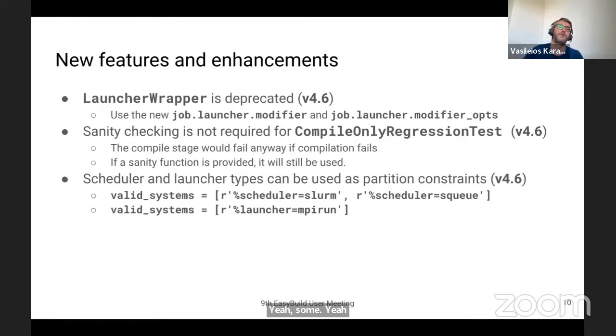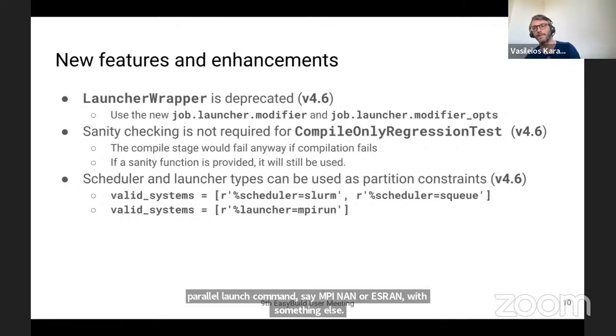Continuing on. Here, the launcher wrapper, I don't know if many are using that feature. That was mostly for being able to wrap the parallel launch command, say mpirun or srun, with something else. That is useful, for example, when you want to launch a debugger and test a debugger.